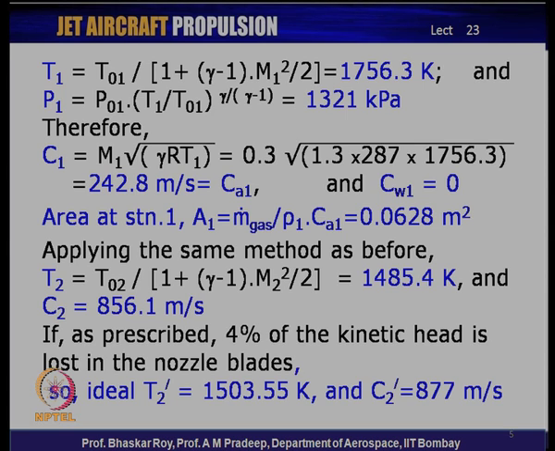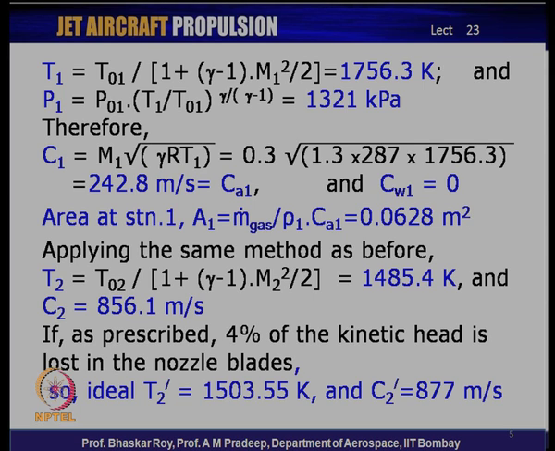There is no process from 1 to 2, it is only at a particular station 1. So, we can always invoke the isentropic flow condition at that station in an ideal manner. That is what we have done, and we have got the static temperature and static pressure at station 1. Now, we can find the velocity C 1. As I mentioned, M 1 that was given corresponds to C 1, and that depends on the local temperature that we have just found.